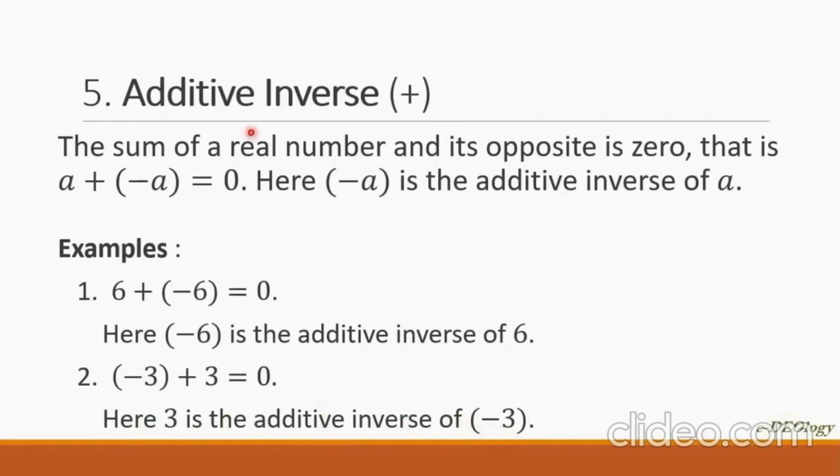By the way, this additive inverse is related to the identity 0, because it says here, if there is a given number a, we are thinking of another number that if we add to that number a would result in the identity element, and that is 0. In that case, the negative a is the additive inverse of a.